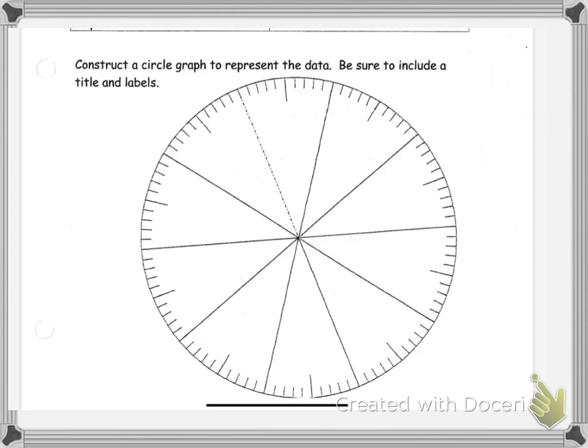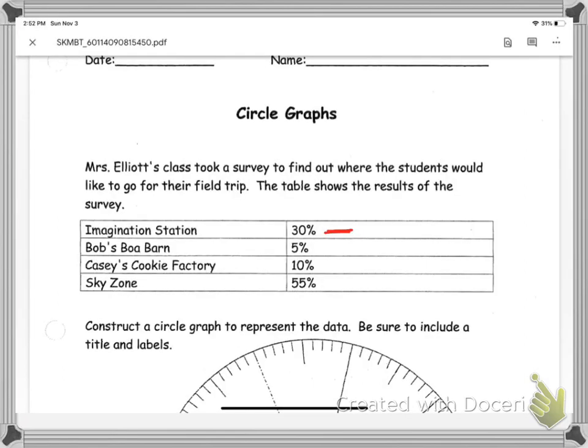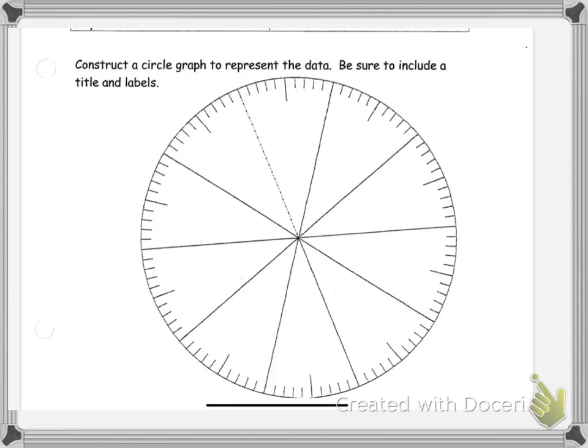So you're going to start by taking a color. It doesn't matter which color you choose. And you're going to use that color to represent the first part of our data. So the first part, again, the Imagination Station was 30%. So I'm going to go back over here and outline 3 of those pie pieces.